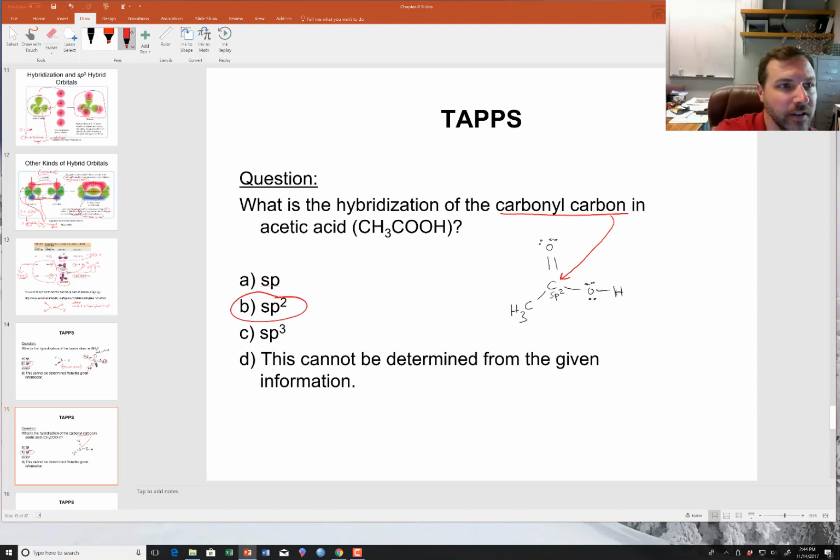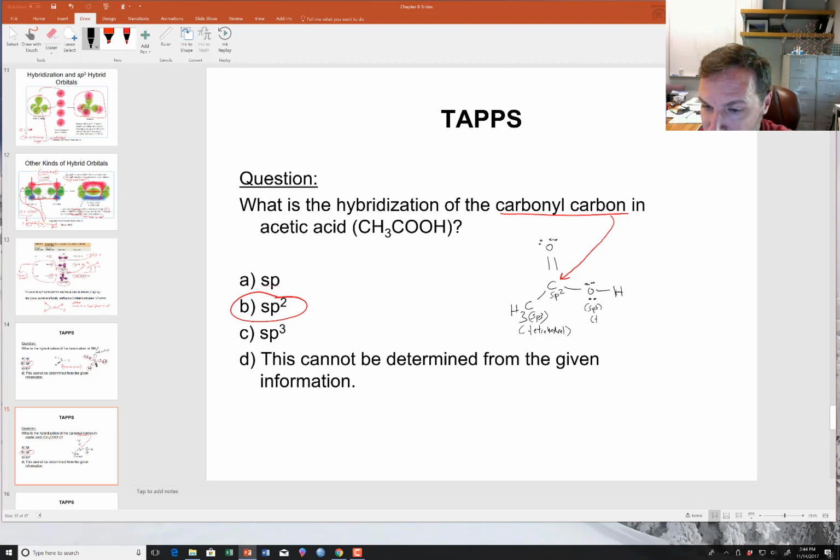And then if we look at the other atoms though, this carbon would be sp3. We could see that this carbon has 4 bonds or 4 electron regions, that it's tetrahedral, so it has to be sp3. This oxygen has 4 electron regions, so it's sp3.